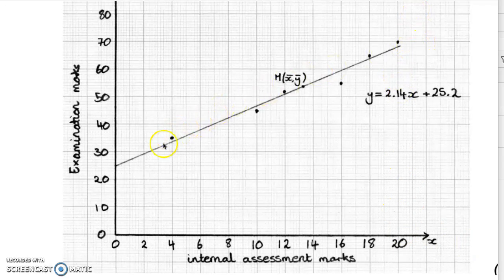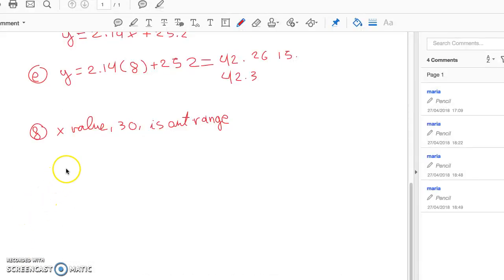So even if I have the impression that in this range I have a line and a strong positive correlation, outside of the range I don't know what it is. It's an extrapolation I cannot say anything about. So I will explain that the x value, this 30, is out of the range where I was taking the data.